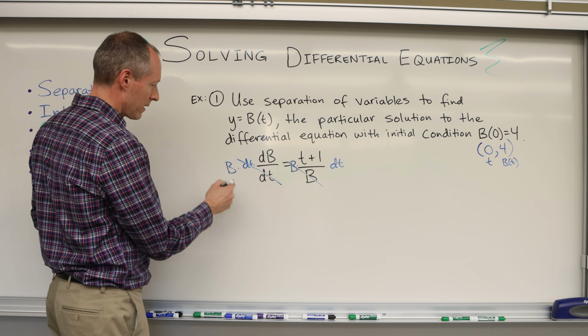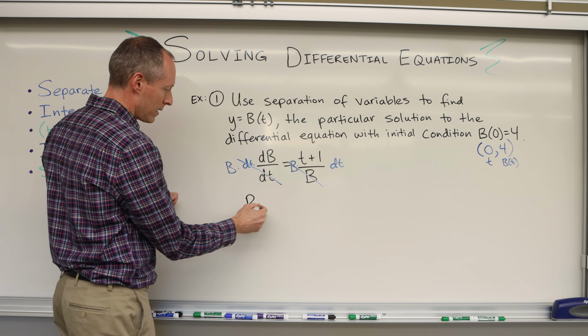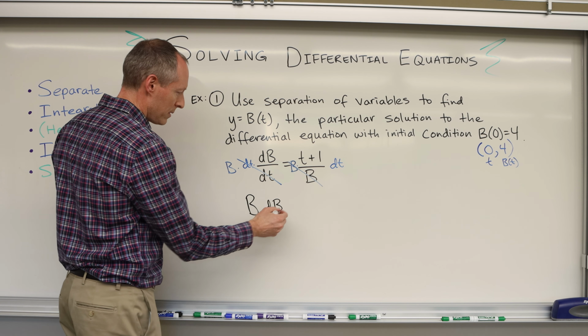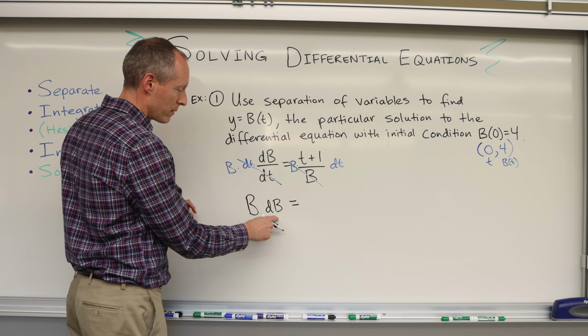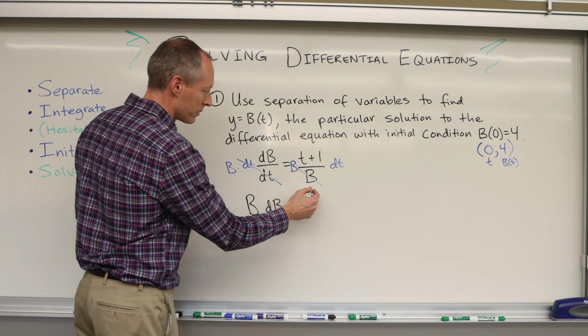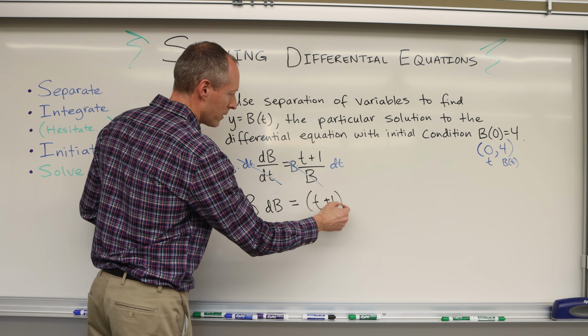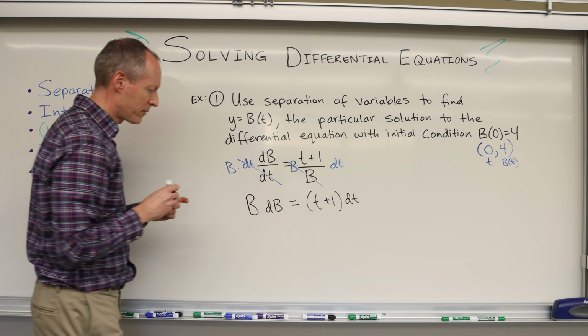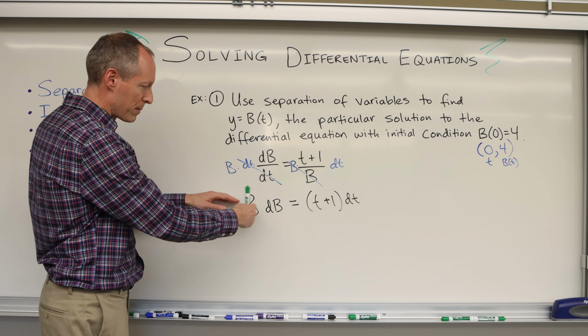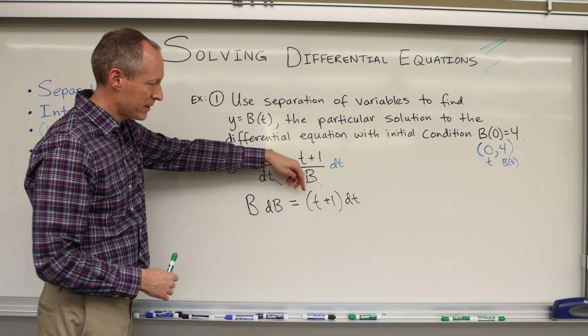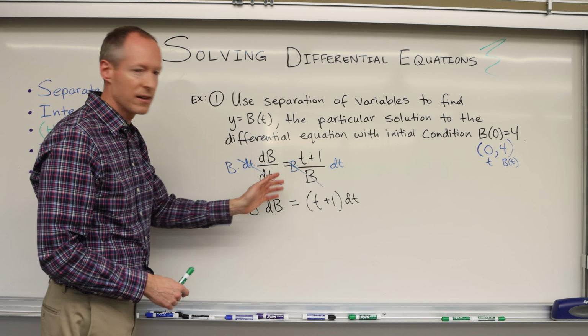So then we are left with capital B dB, and if you're already in calculus, you know d stands for derivative, so derivative of B, equals t plus 1 dt. After I separate, I step back and check: did I separate the variables? I have the B and the dB matching on the left side, and I have t plus 1 and the dt on the right.